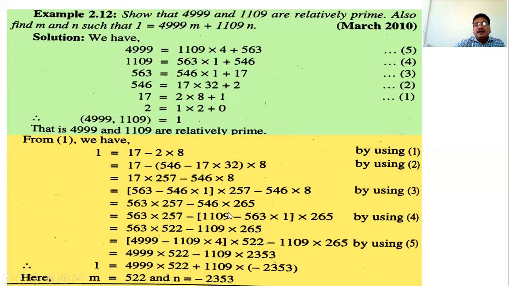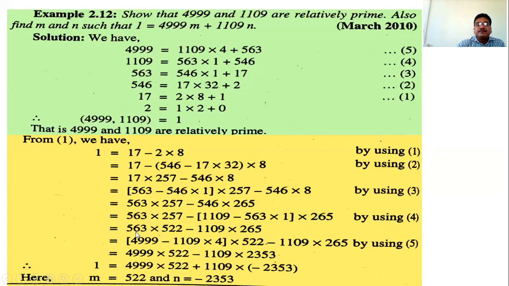Okay, and then substitute the value of 546 from equation number 4. Here is 546. So 546 is what? 1109 minus 563 into 1, into 265, using 4, and then multiply by this 265 in brackets, minus minus becomes plus.